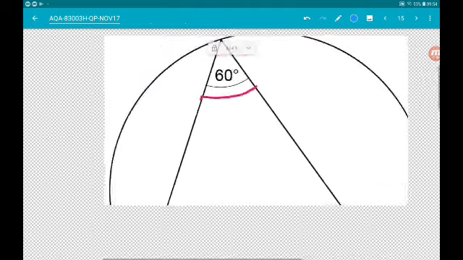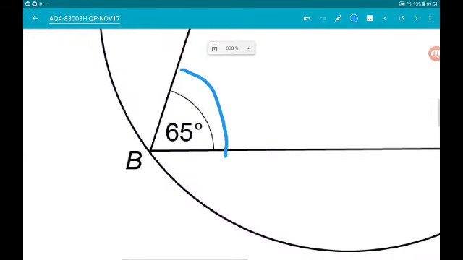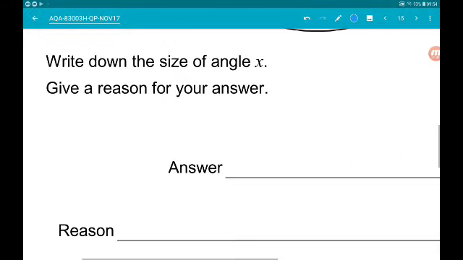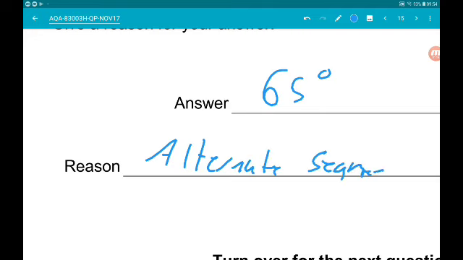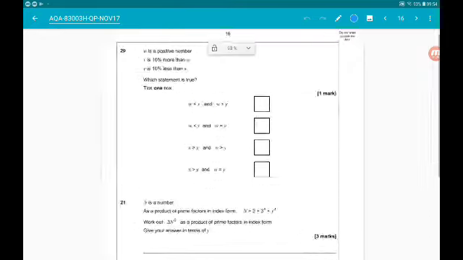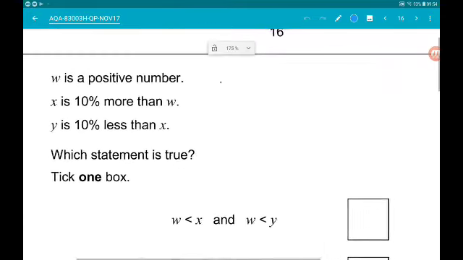So x is 65 degrees. The reason is the alternate segment theorem, which no one can ever remember. Cool.